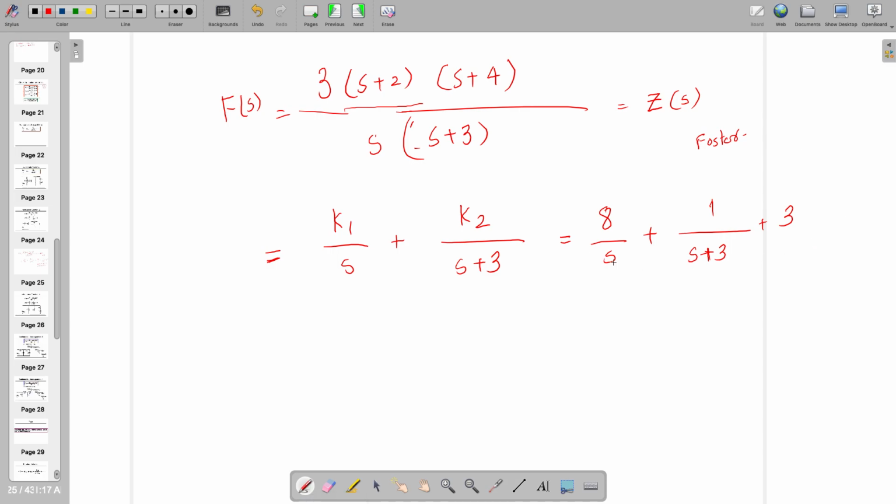If this is using Foster 1, DC value is 8. You just check whether it's coming or not. Yeah, numerator is S square.